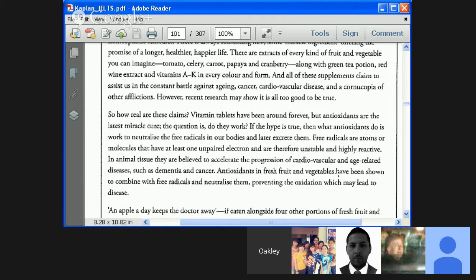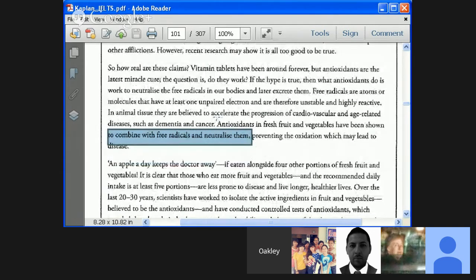Here it's very positive. Antioxidants have been shown to combine with free radicals and neutralize them. Okay, well, that's pretty much it. That's it.